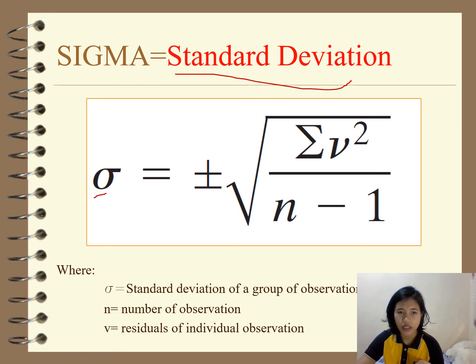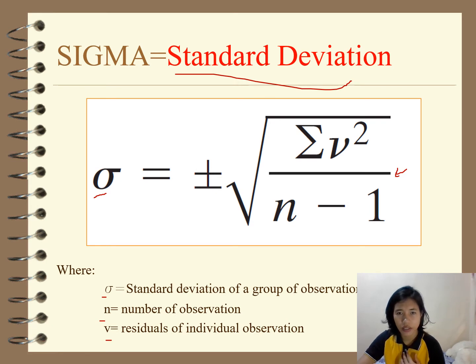We have here where yung ating sigma is the standard deviation of a group of observation. Remember, this is a group of observation. n is the number of your observation. The v is the residual of individual observation, which means the difference of your MPV and your individual measurement. Okay? So, isasama mo siya and your v squared.